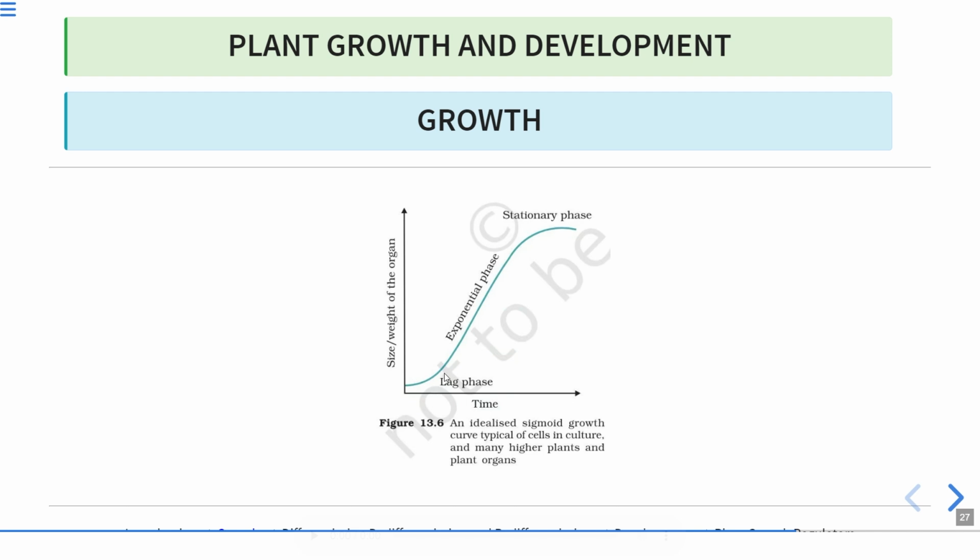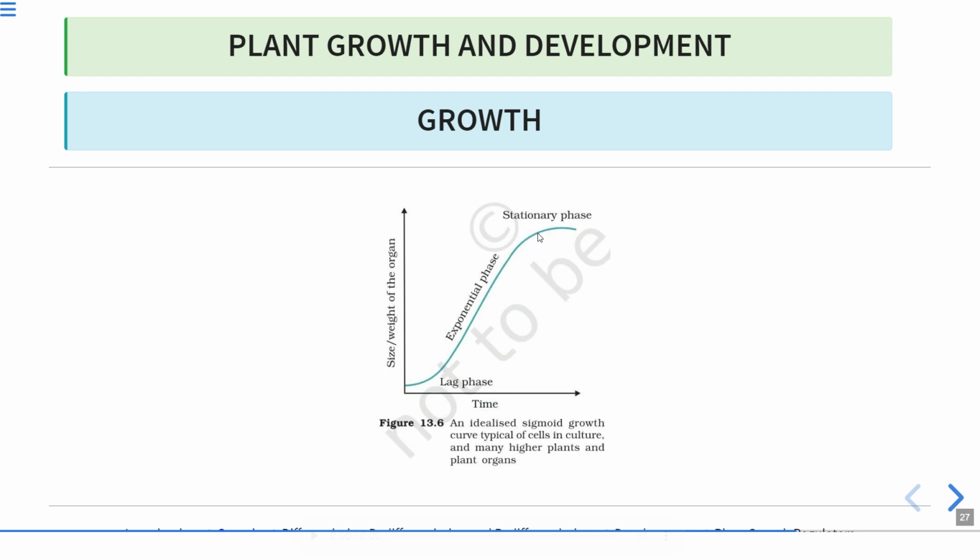And after that, what happened? The cells divide and redivide, okay, and increase their number. So this is showing the growth. But what happened? As you increase the number of cells there, the supply of the nutrient is now less according to the increased number of cells. You see the less number of nutrients available now. So this is showing the exponential phase, that is the growing phase.